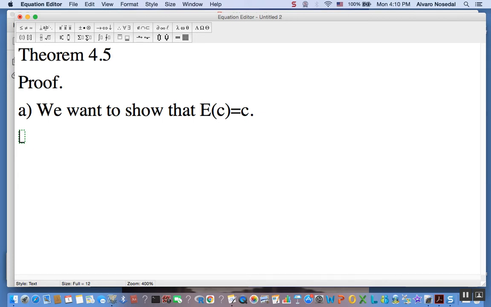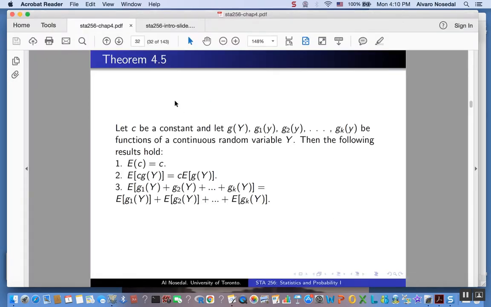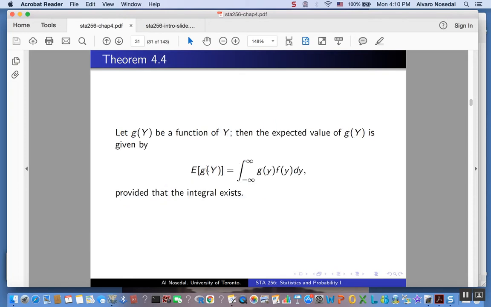So first, this looks like the expected value of a something, a transformation, right? Which means that the one that we're going to be using is that theorem. Expected value of something, integral from negative infinity to infinity of the something times the PDF, right? Okay, so let's do that.